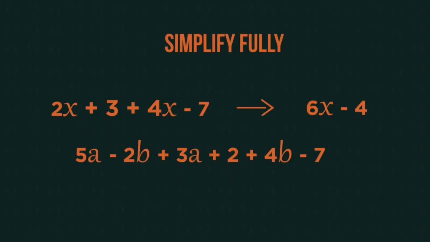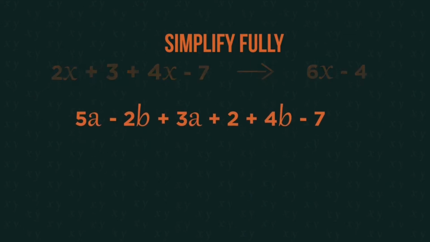Right, so simplifying. In algebra, we are often asked to simplify or to put something in its simplest form. Generally speaking, the simpler it is, the easier it is to use. We just need to combine like terms.